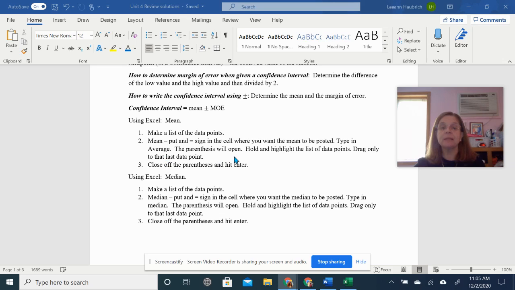A set of parentheses will open. Grab the top value of your list, right-click, drag it down to highlight the list, let it go on the bottom one, close the parentheses, hit enter. Excel will calculate the mean for you.